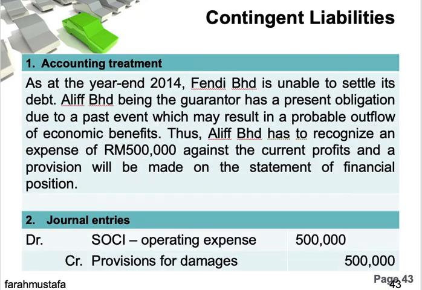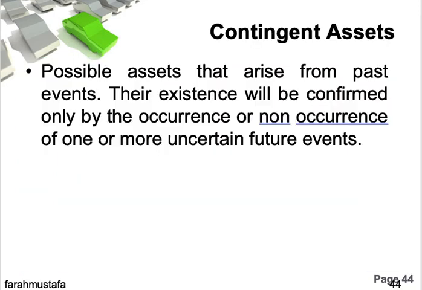But in 2014, Fendi was unable to pay, so Alif, being the guarantor, has a present obligation, which may result in a probable outflow. Thus, Alif has to recognize the expense of 500,000 against the current profit, and a provision will be made on the statement of financial position. We assume this is Fendi Berhad, and Alif Berhad is a company, not an individual. Alright, let me stop there.